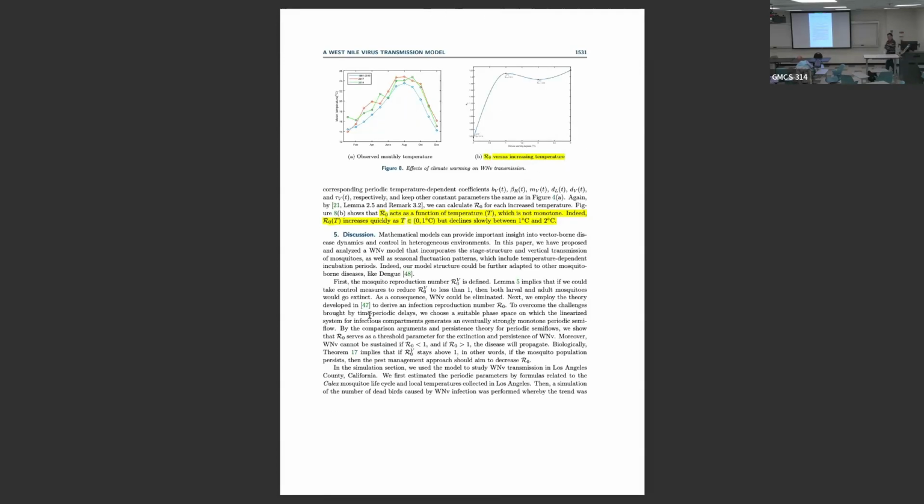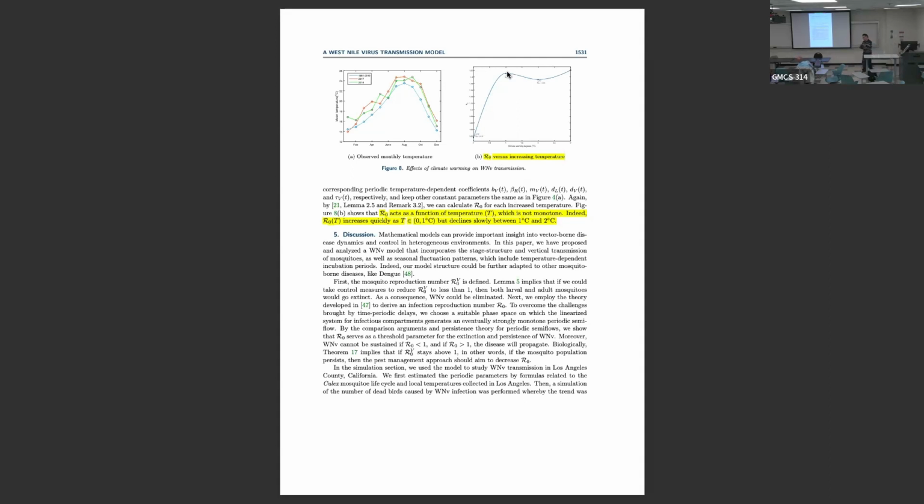But here, we want to understand the dependence of the reproduction number on temperature. You can find that initially, as the temperature increases, the reproduction number increases. But if the temperature is higher, then the reproduction number can decrease.